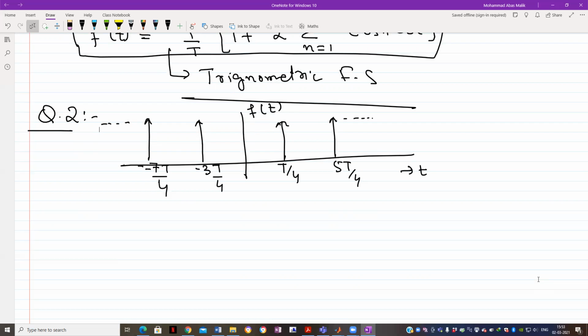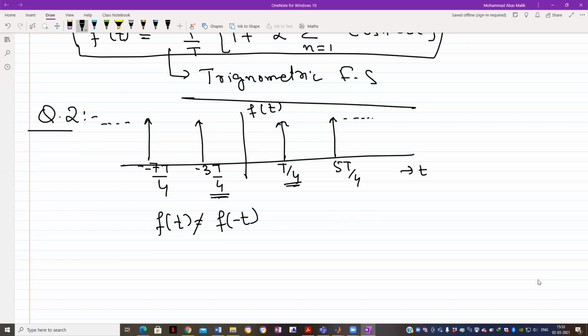Yes, this signal is odd, because it's not satisfying the criteria f of t equal to f of minus t. Because this is T by 4 and here this is minus 3T by 4. It should be minus T by 4, then it may have satisfied the criteria of even and odd.